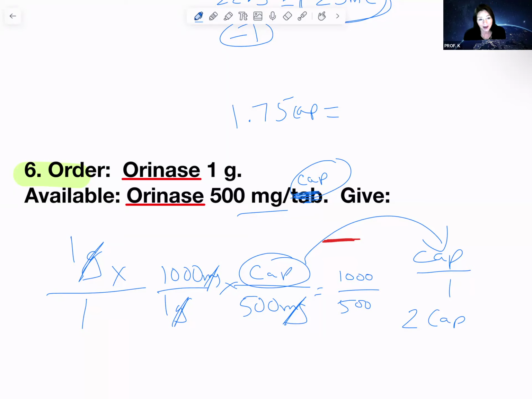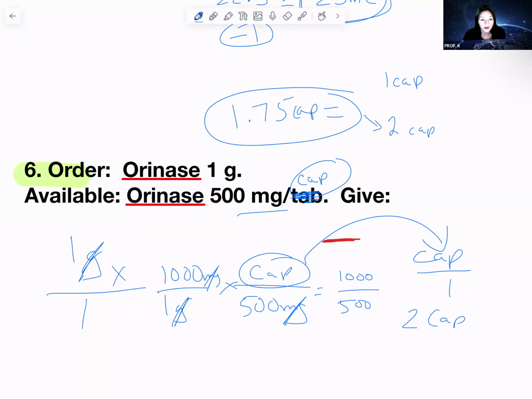Because when you open up a capsule, which you should not be doing, if you do practice as an LPN, I don't want to hear about what you do, but capsules are not meant to be opened. So if you have an answer that says 1.75, you have to make a decision. Either you're going to give 1 capsule or you're going to give 2 capsules. And where does 1.75 end closer to? Well, it ends closer to the 2 capsules.